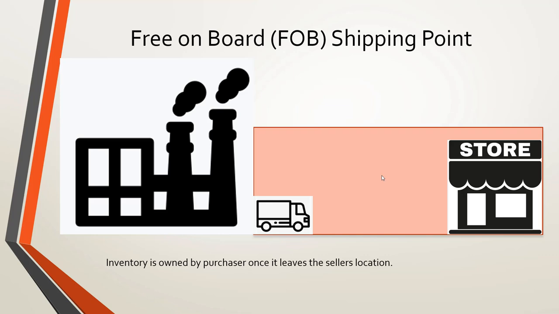And if the terms are free on board shipping point, then once the inventory is on the truck and out of the factory, it is owned by the people at the store, the retail outlet. Okay, free on board shipping point. And so you can see there's a rose-colored rectangle there that shows that the store owns the inventory while it's on the truck.